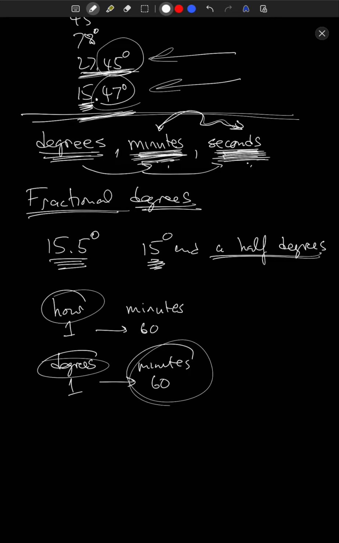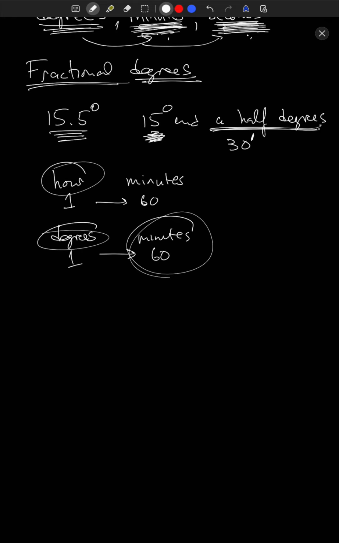So 15.5 degrees is 15 degrees, and a half degree, that's 30 minutes, okay? And our notation for minutes is like that, all right? So 15.5 degrees is equal to 15 degrees and 30 minutes, okay? So if you're comfortable with converting decimal time into minutes, then you're comfortable converting decimal degrees into minutes as well.